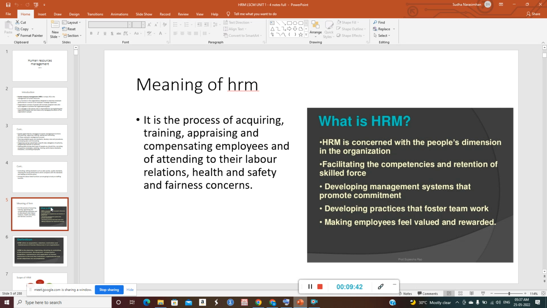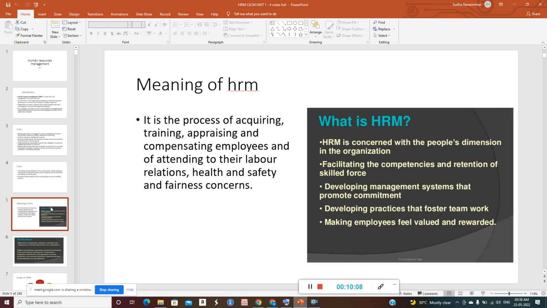If you develop these practices, it helps to promote teamwork, better understanding among the people, and better superior and subordinate relationships can be enforced. So, if things go positively in the organization, retaining employees is not a difficult task.